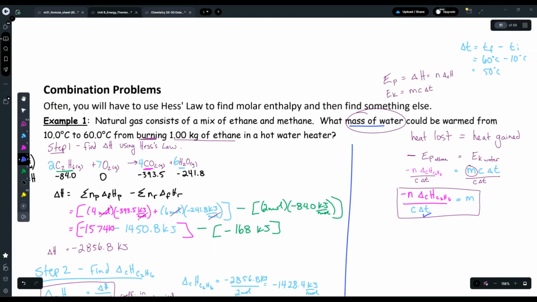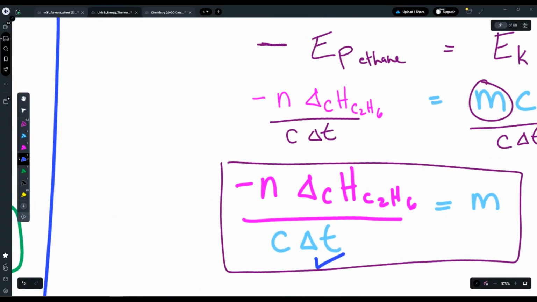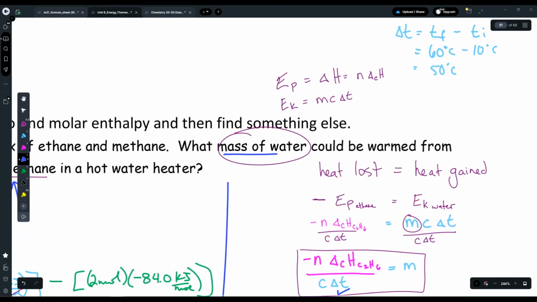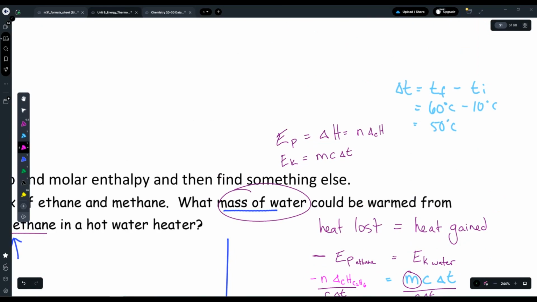Okay, what else do we have in the question? We have a mass of ethane. If I look at what belongs to ethane, the pink stuff, we've got molar enthalpy and moles. Well, we can use mass and molar mass to convert from mass into moles of ethane. That's another calculation I'm going to have to do up here.